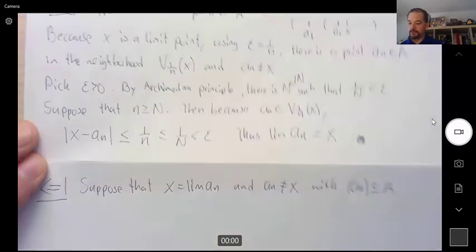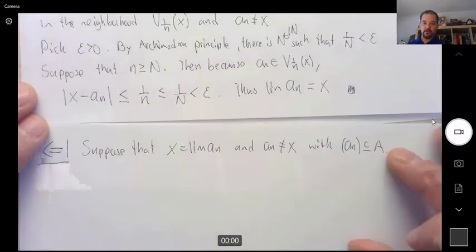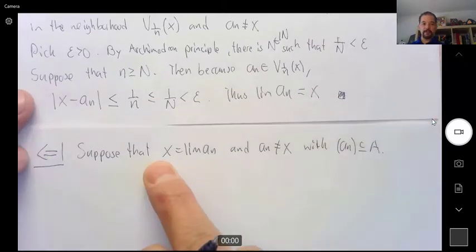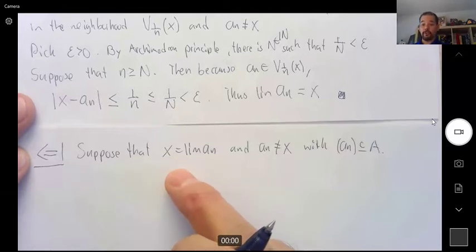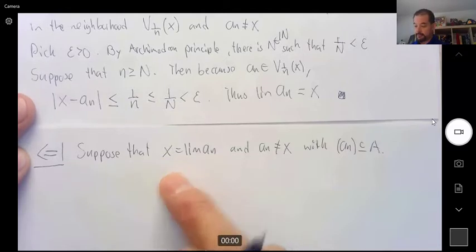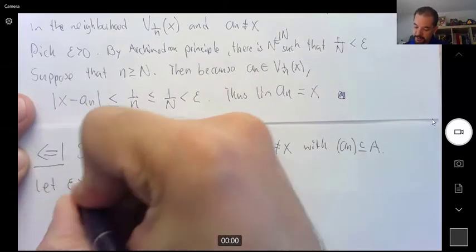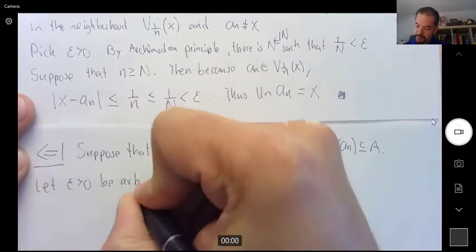I need to show that any epsilon neighborhood centered at x intersects the set A at some point other than x itself, right? So let's pick an epsilon. Let epsilon greater than 0 be arbitrary.